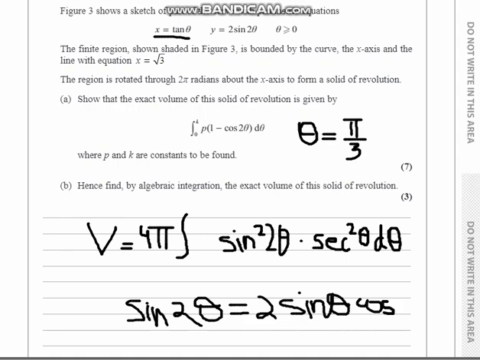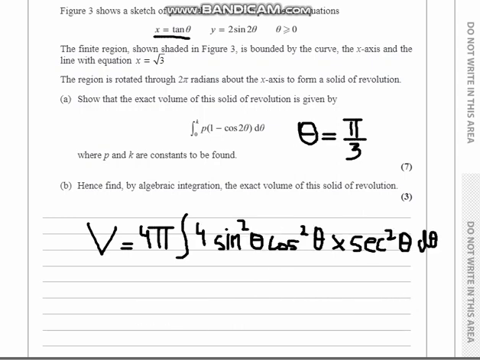Now I'll plug it in here, and I get 4 sine square theta cos square theta into sec square theta d theta.